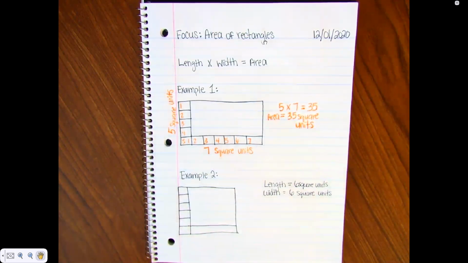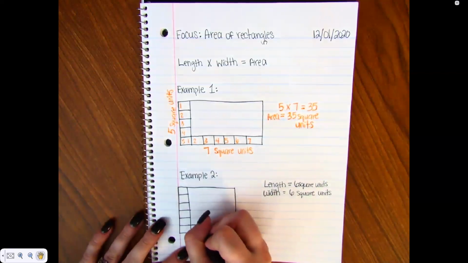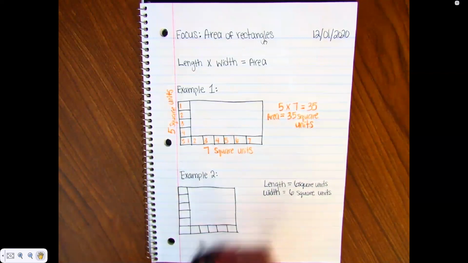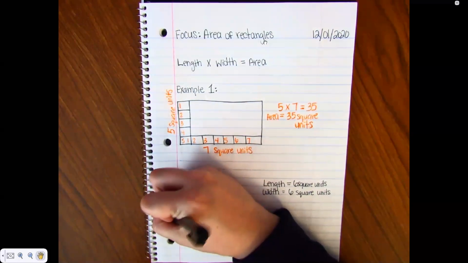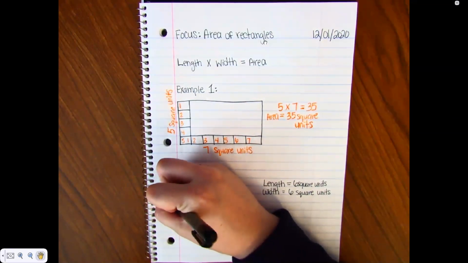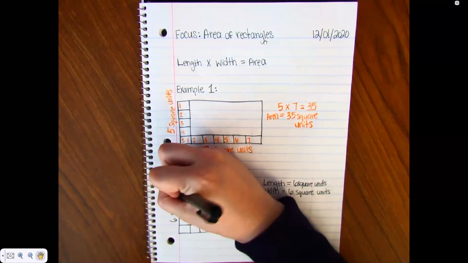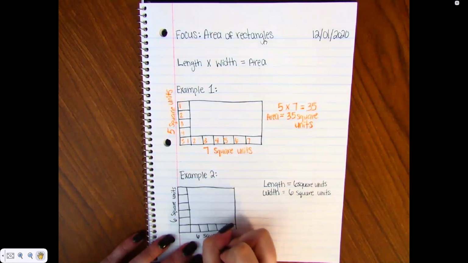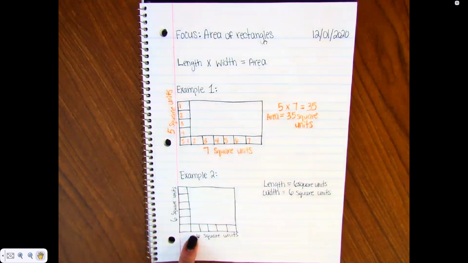Kason, how many boxes? 6. So 1, 2, 3, 4, 5, 6. So I have 6 square units and 6 square units.